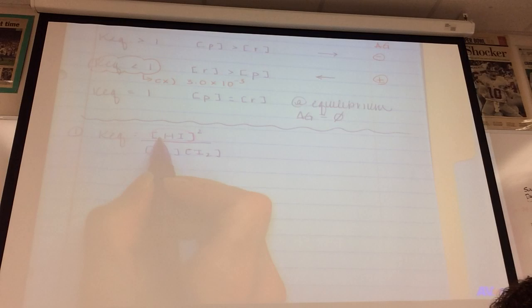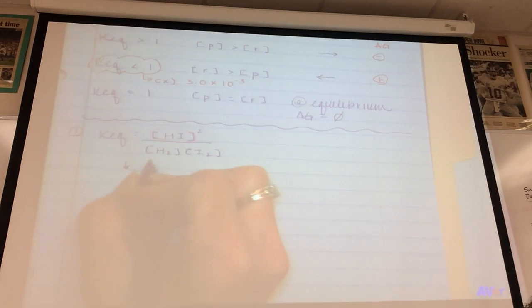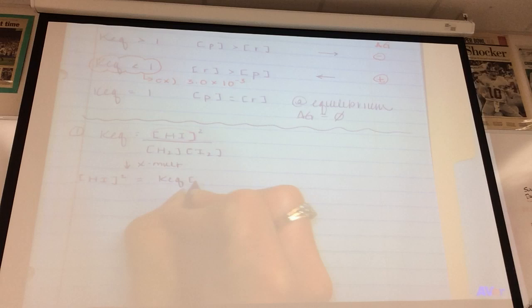If I'm solving for the numerator, I'm going to go ahead and cross multiply. I've got hydrogen iodide concentration squared is equal to KEQ, hydrogen gas, iodine.